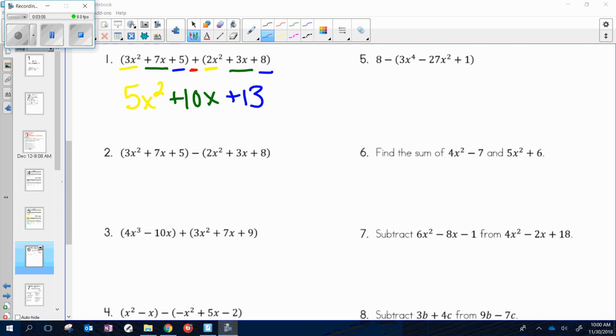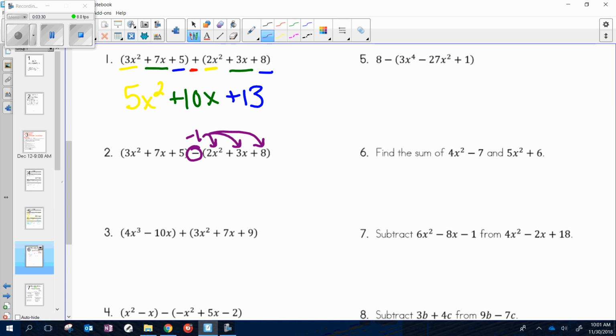So for question 2, now we're looking at 3x squared plus 7x plus 5 minus a 2x squared plus 3x plus 8. This minus means I'm going to distribute, step 1, distribute a negative 1 to each of the terms in this parenthesis. So our parentheses are needed when we're doing subtraction.